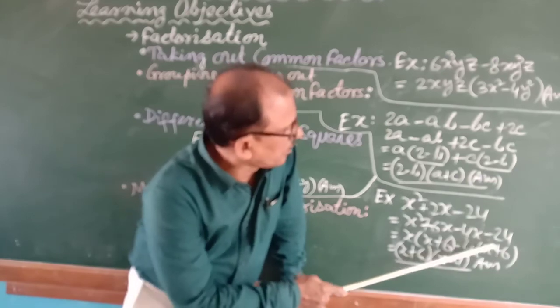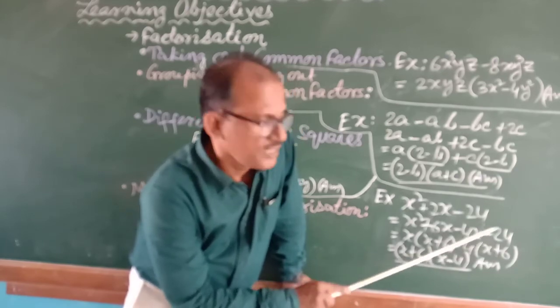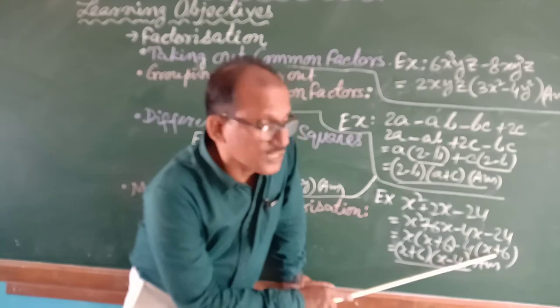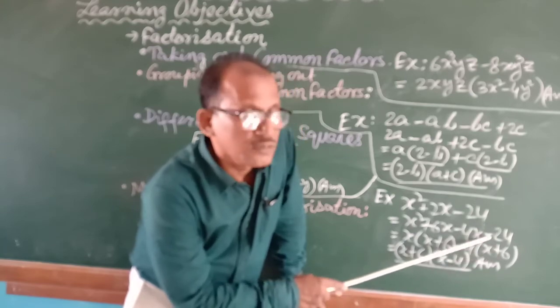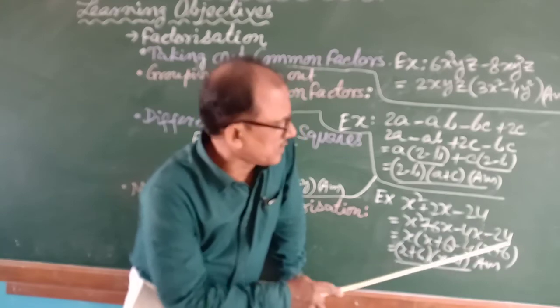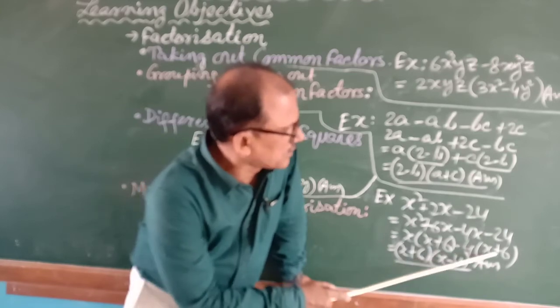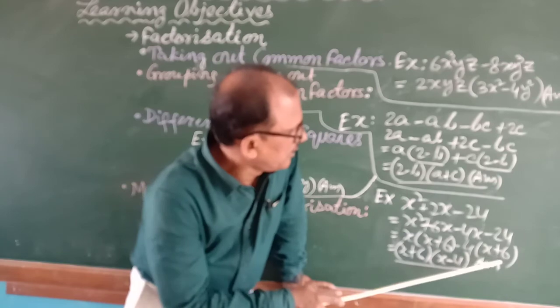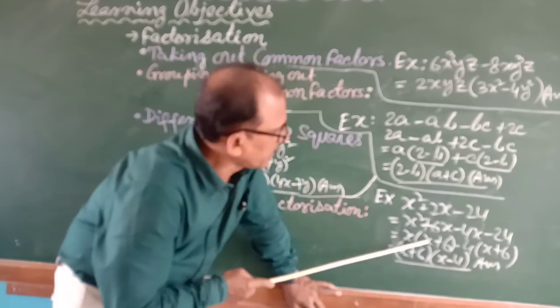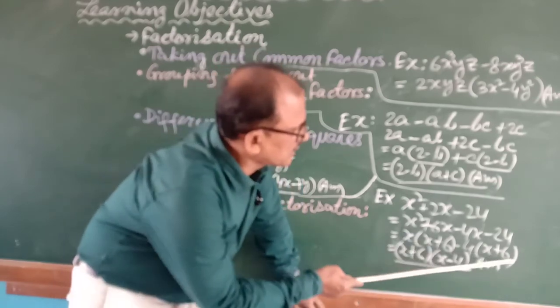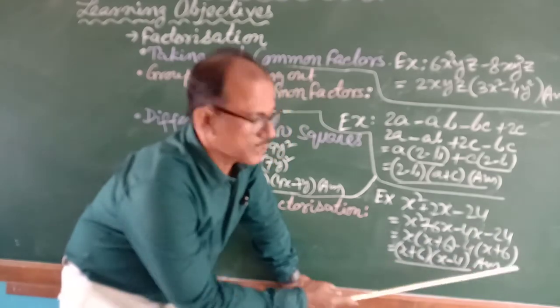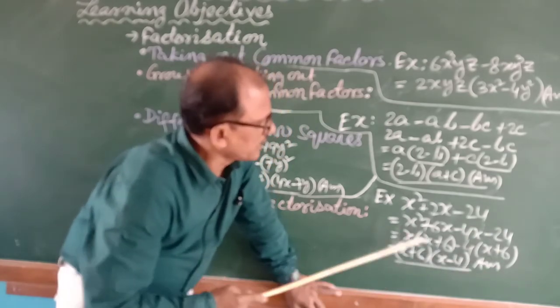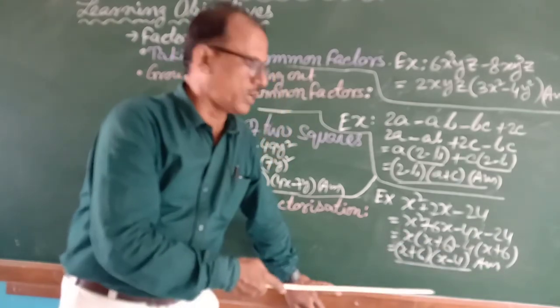Why? Because you have to bring the original sign, that is minus. So here you have to put such a sign so that it comes to its original sign. So minus plus it will become plus. 4 has already gone, 6 will remain. So x plus 6 here, x plus 6 here, common factors. X plus 6. Now x minus 4 will remain.